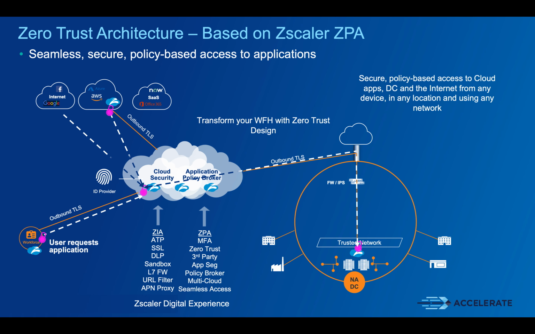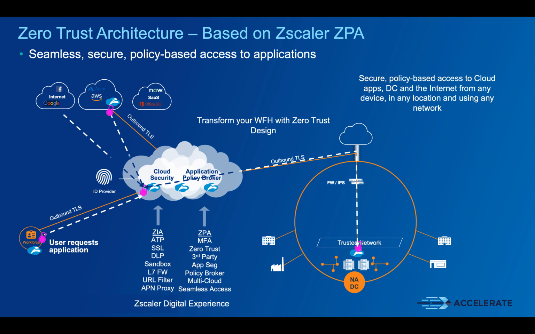So you can actually, using software, break up your applications into unlimited amounts of segments and then create policies that allow users to connect to specific applications or segments to ensure that you reduce the movement of users within your network.